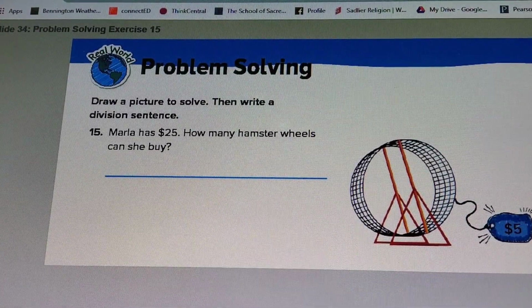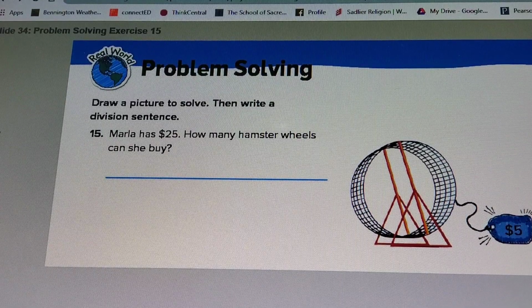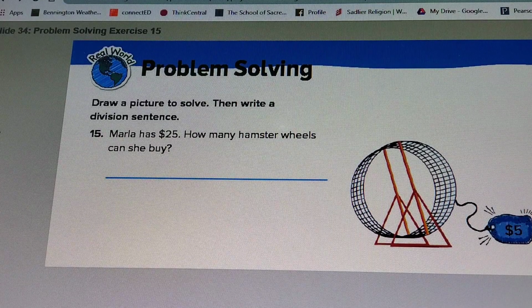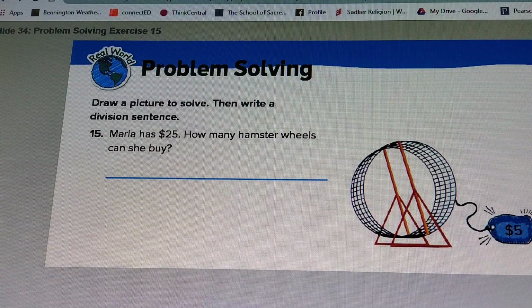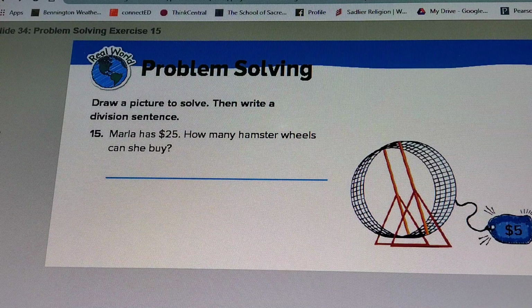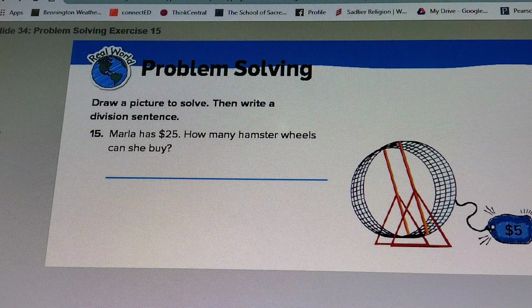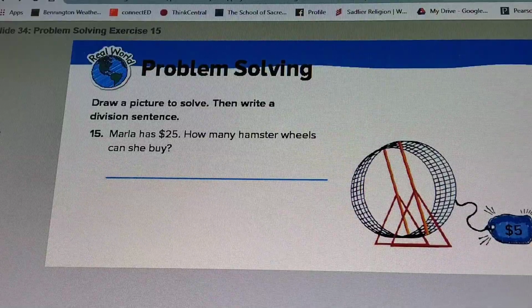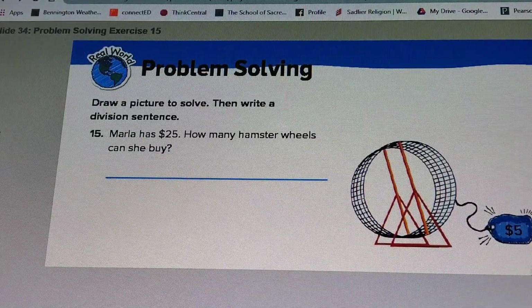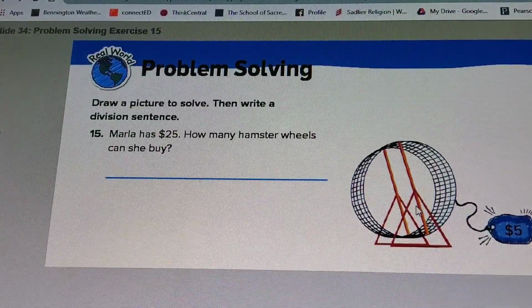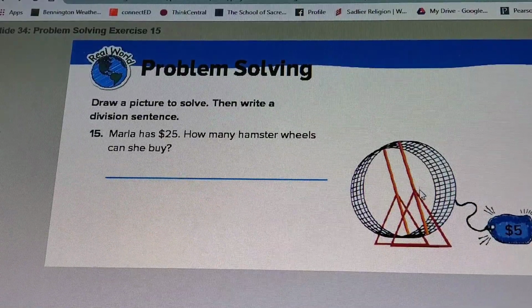Real-world problem solving. Draw a picture to solve, then write a division sentence. Marla has $25. How many hamster wheels can she buy? Well, first we need to look over here and find that each hamster wheel is worth $5. So if she buys one, she still has money left over.